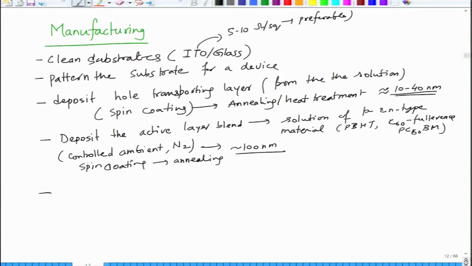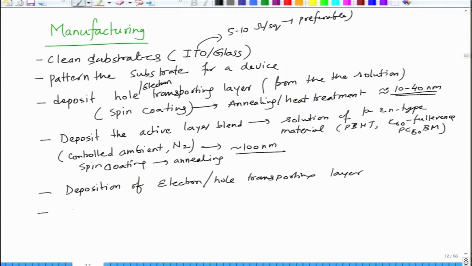Then we deposit the electron or hole transporting layer. In this case it could be a hole or electron transporting layer. If the first was hole, then you deposit electron, and if it was electron, then you deposit hole.